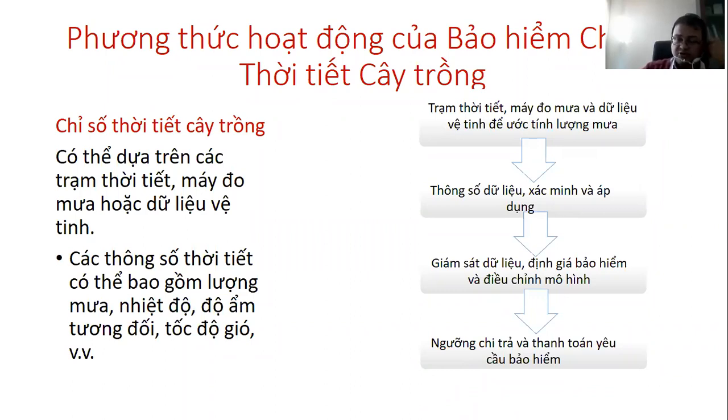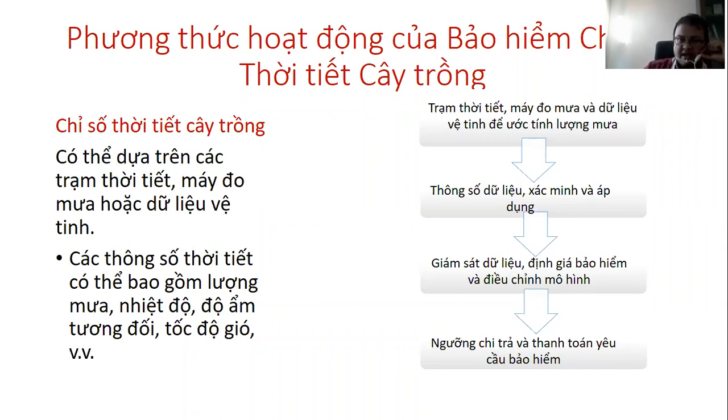There are multiple sources of satellite data which estimate rainfall. Some of the other parameters are also available from different sources, be it satellite or weather stations as well. So, for example, parameters like wind speed can also be tracked using satellite data, which could also be quite relevant for risk events like cyclones or tropical storms and so on.